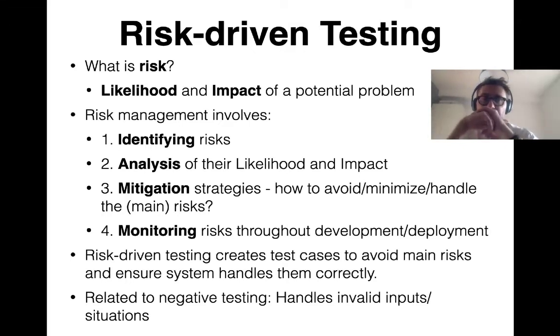A risk is related to a potential problem, so something can go wrong when the system is up and running. The risk is to analyze the likelihood: how probable is it that this problem can happen? And the other dimension of a risk is the impact: how severe would the impact be?